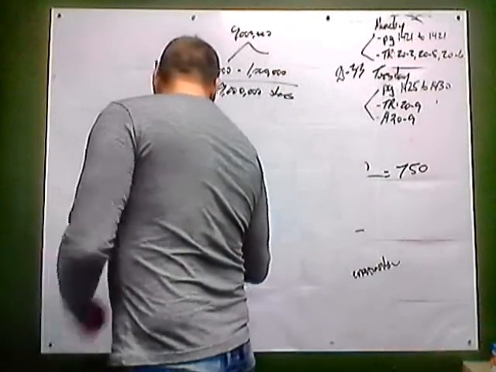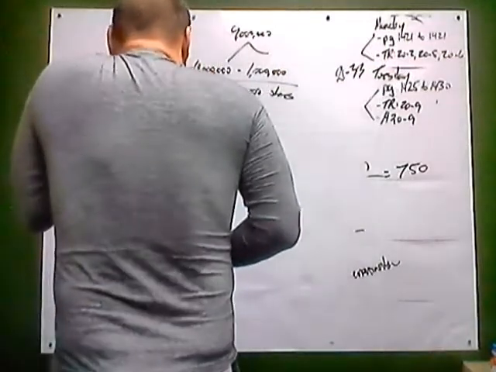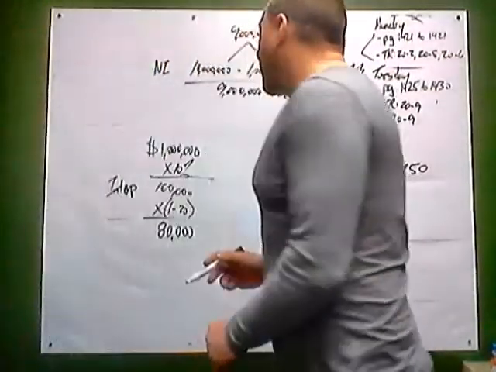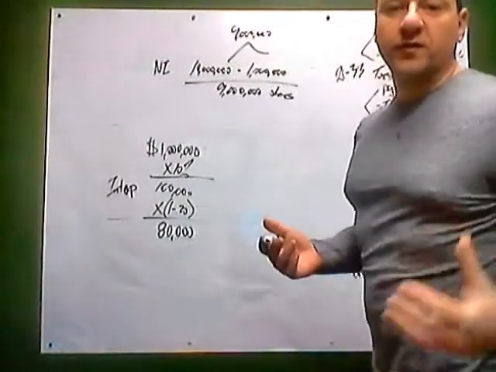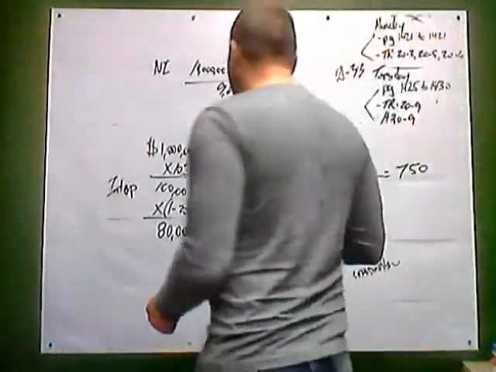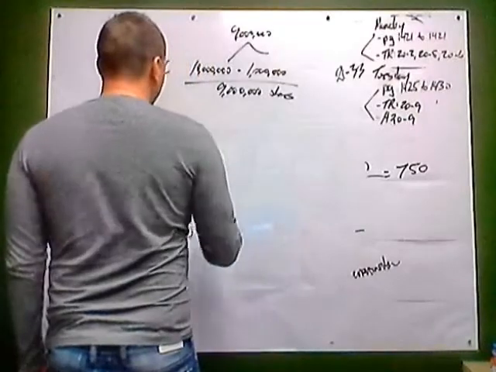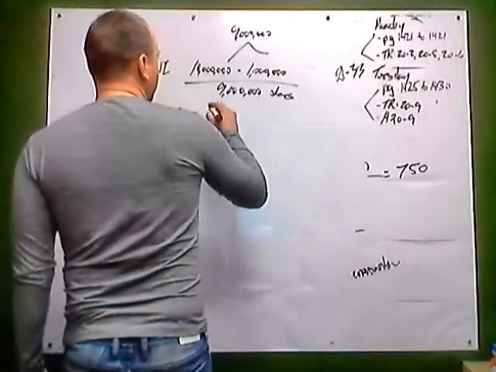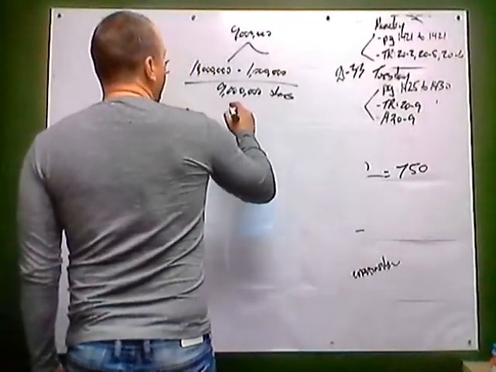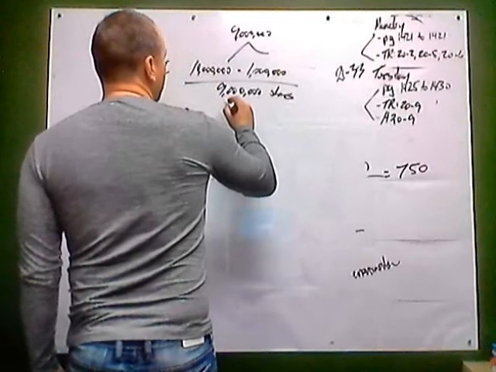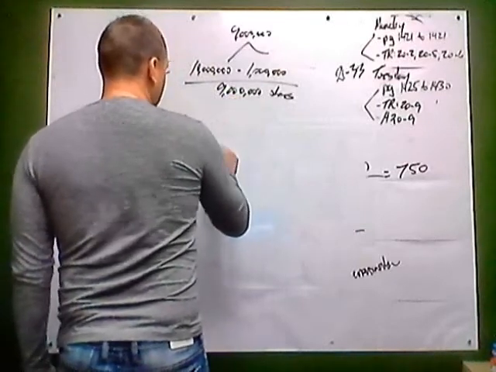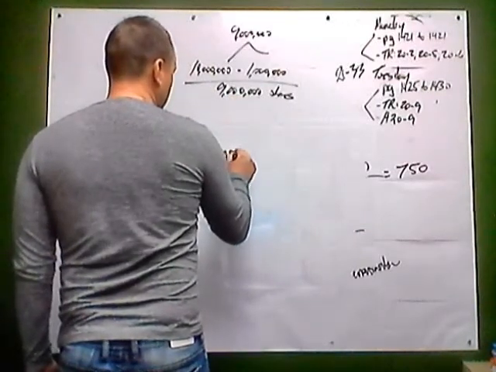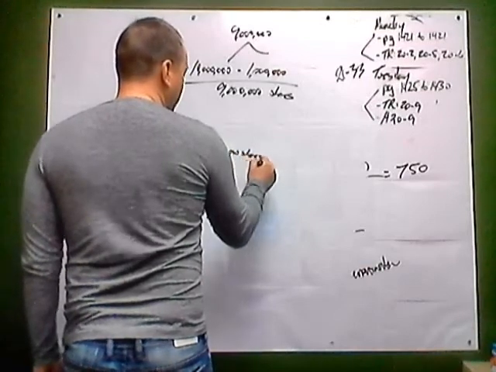$80,000. Now, if we take that bond and convert it into shares, let's just say it converts into 200,000 shares. What's going to happen?